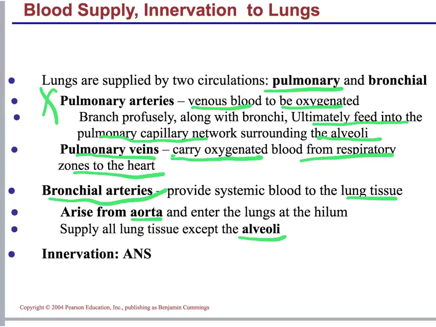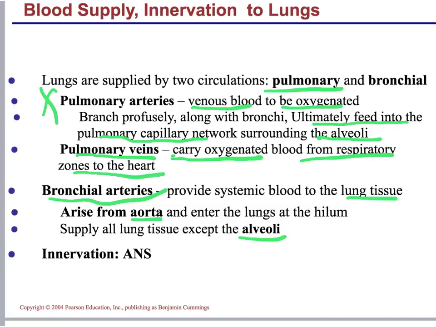So similar to most of the organs, lungs are also dually innervated. So we have the neurons of the parasympathetic nervous system and neurons of the sympathetic nervous system, right? Through what we call the pulmonary plexus, they run along the bronchial tubes and along the vessels into the lung tissue.